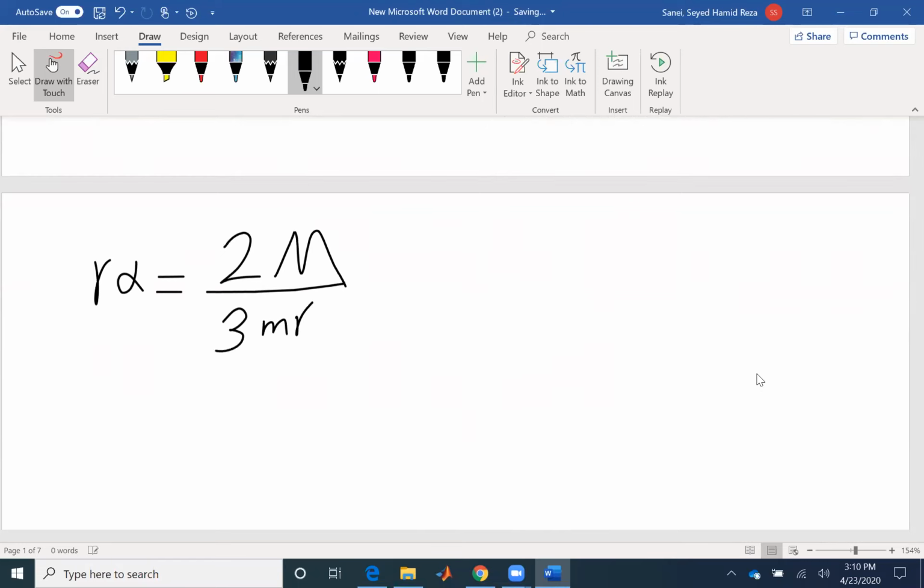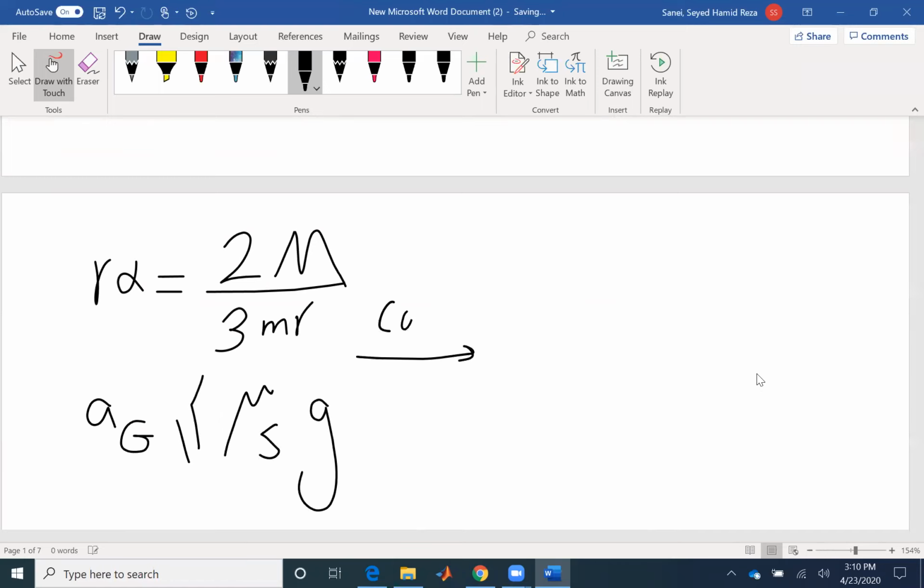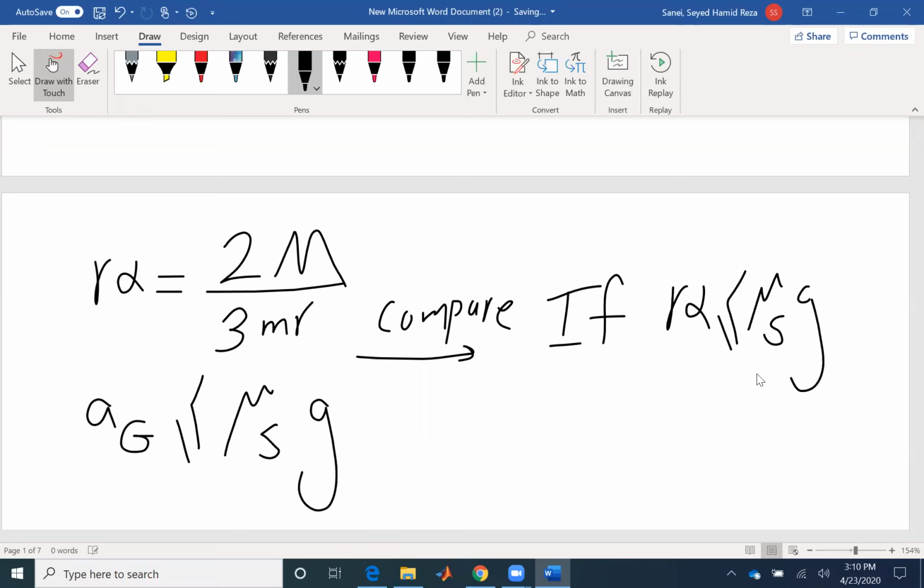I have to compare it with Ag, which is less than mu s g. So comparing the two, that tells me if the R alpha is equal or less than mu s g, then I have rolling.